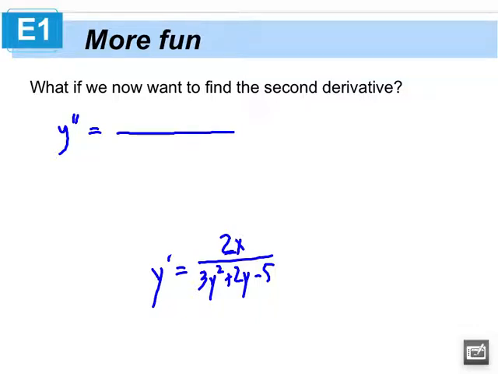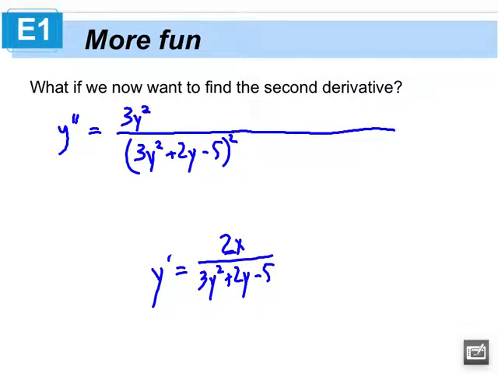Hopefully you recognize by now, after my ramblings, that this is going to be a quotient rule. And this is going to get ugly. The bottom of the derivative, squared. Sorry, not the derivative of the bottom. The bottom of the derivative is what I meant to say. Squared. Oh, we're going to need a bigger gazinta line.